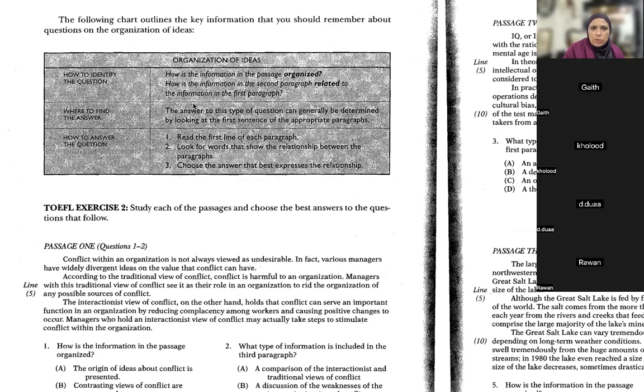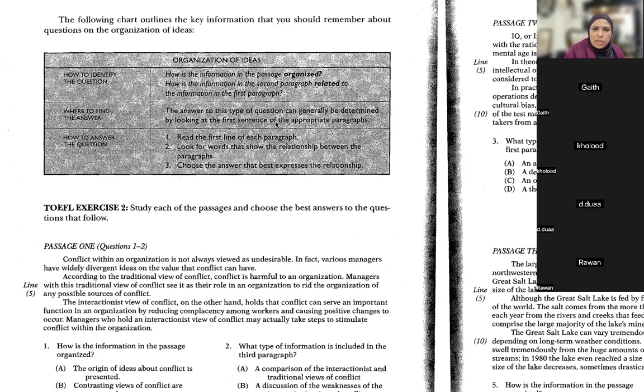يعني في الفقرات, all right? Or في الفقرة نفسها كلها, all right? How is the information in the second paragraph related to the information in the first paragraph? ممكن يسألونا عن نقارن, how is it really, شو العلاقة بيناتهم اللي الفقرة الأولى والثانية. That's something else. Where to find the answer? وين بلاقي الجواب? Look guys, the answer to this type of question can generally be determined. ممكن أحدده وين?